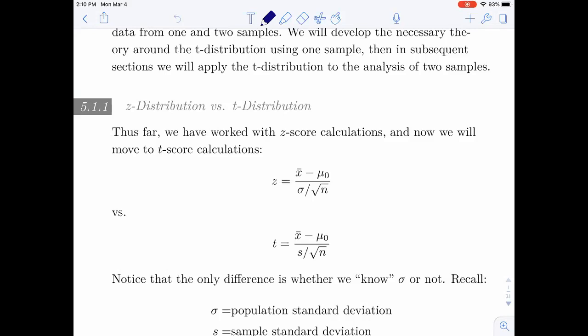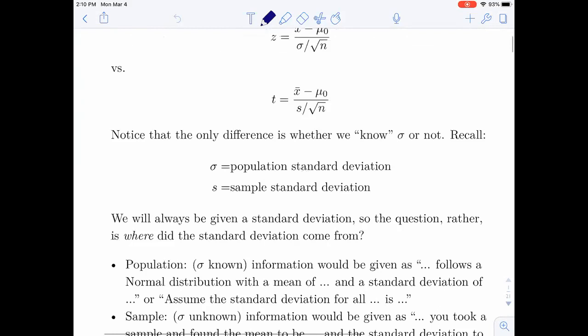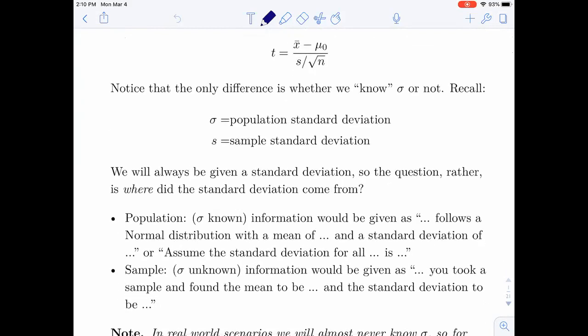Remember, Greek letters are from the population, so sigma is the population standard deviation. So if I say, and I have some examples on here, if I say things like, blah, blah, blah follows a normal distribution with a mean of this and a standard deviation of this, then you can assume that you know sigma.